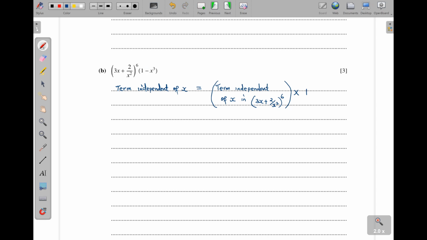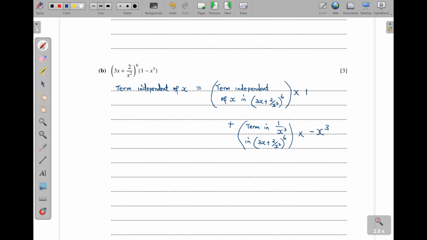Then plus, we shall have the term in 1 over x cubed in the expansion of this one here. So after getting that term, I will multiply it by negative x cubed.